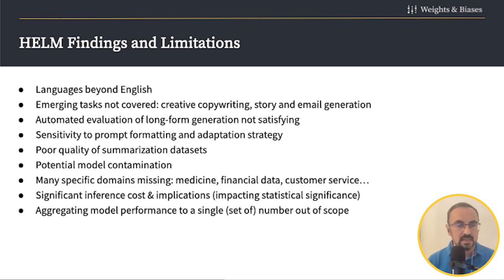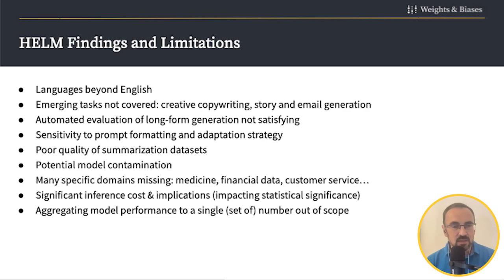It also highlights that different language models may be sensitive to the way the prompts are formatted, so it may be hard to compare models in a standard way, while they might have been trained in different ways. Focusing on the last two points, they also mentioned that it costs a lot of money to run these evaluations. For that reason, I think they limited the number of examples per scenario to 1,000 examples and 3 generations per example, which impacts statistical significance.